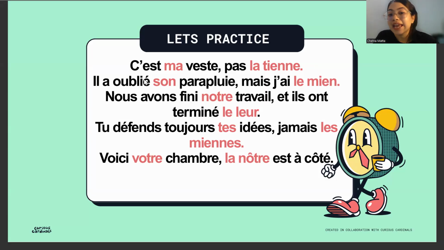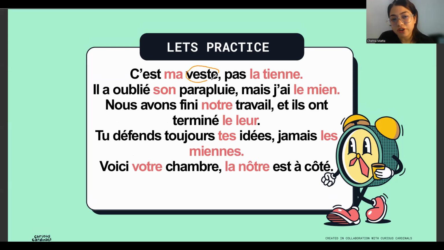Okay. Say ma veste. We are clear that we have a noun here. This vest is a noun for us, right? So this vest is mine. So my vest, not yours. Now here I have not used any kind of noun. There is no noun.